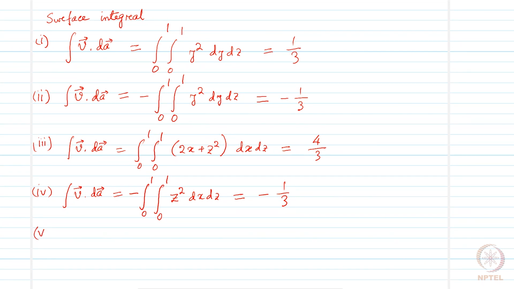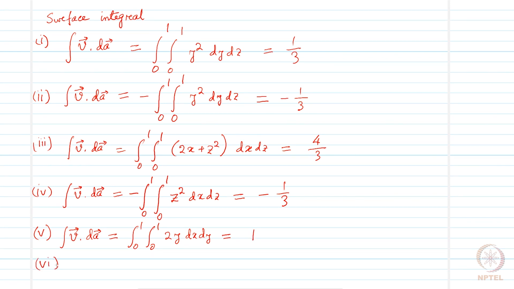On surface 5, we have V dot dA, that gives us integration over 0 to 1, integration over 0 to 1, of 2y dx dy, and that becomes 1.